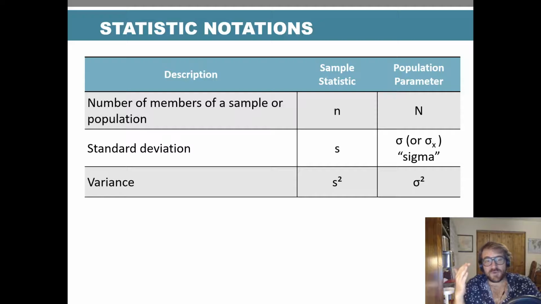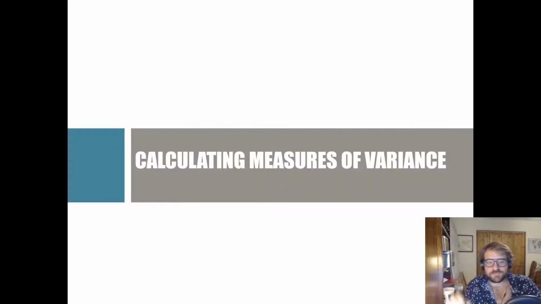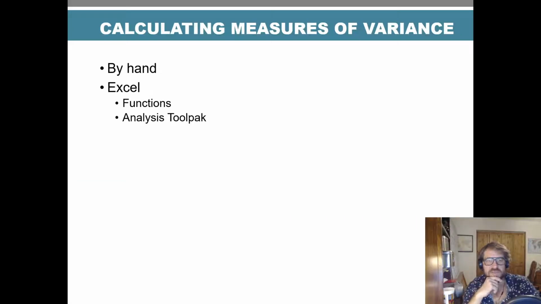There's a lot of different notations for one thing, but it's good to know them all so that you can orient yourself to what you're looking at, what you're reading. Different scientists, statisticians, researchers are going to report these things slightly differently, and so that's why you have to know them all. Okay, so let's talk about actually calculating these measures of variance.